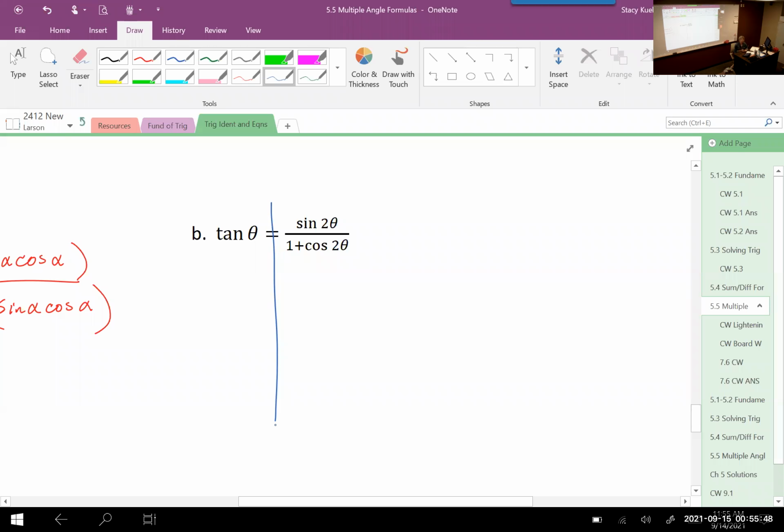You also want to start with the more difficult side, right? Yes, ma'am. We have two new identities. I know that sine 2 theta is equal to what? Isn't that equal to 2 sine theta times cosine theta? That's right. So the numerator is 2 sine theta cosine theta.